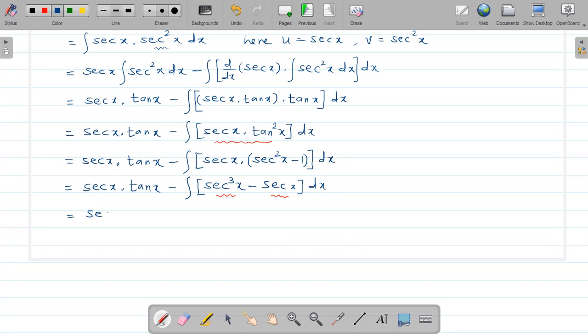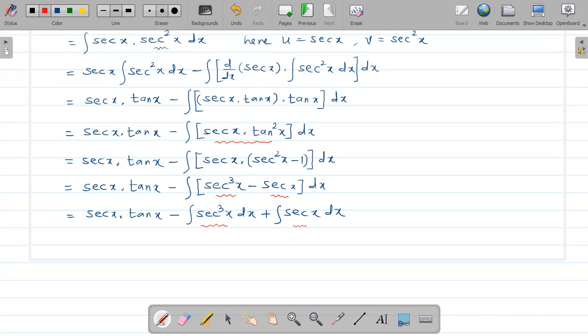So we get sec x into tan x minus integration of sec cube x dx, separation. Now this is minus minus plus integration of sec x dx. Now if you observe this step carefully, then we have to evaluate the integration of sec cube x dx and we have to evaluate the integration of sec x also.